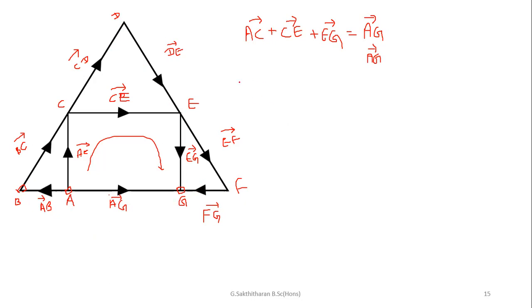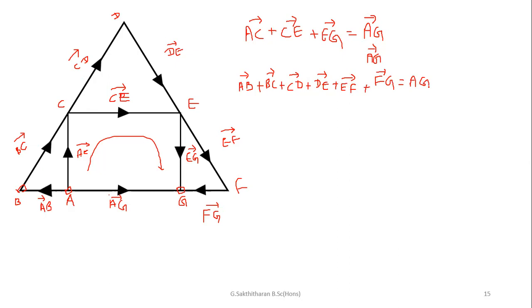Here also you write vector AB, vector BC, and vector CD, and vector DE, and vector EF, and vector FG, giving the resultant vector from A to G.